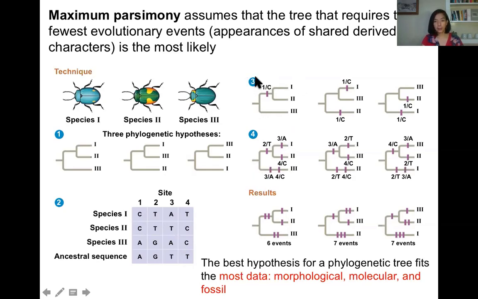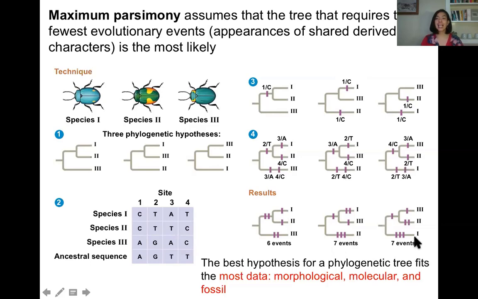So in this first hypothetical tree, we will count how many substitutions we marked. We marked 1 in here, and then 5 more in here, for a total of 6 events. If you pause the video and do the same exercise with hypothesis number 2 and hypothesis number 3, you will see that these 2 options have 7 events.